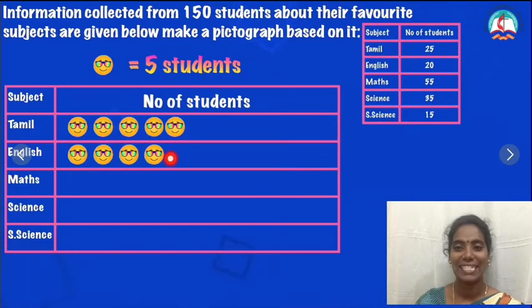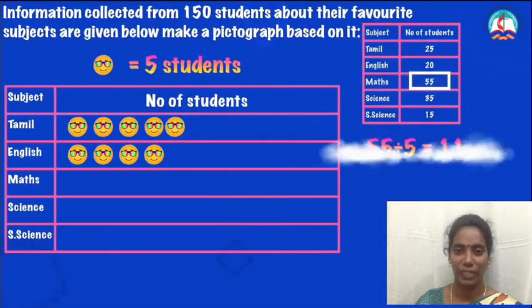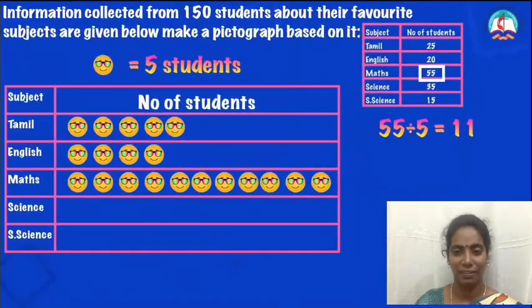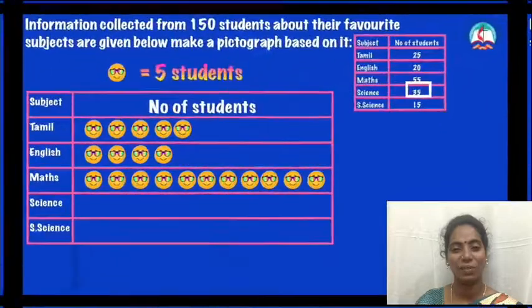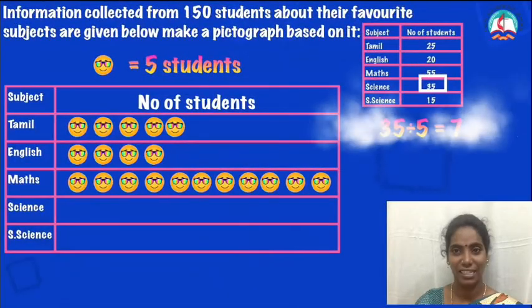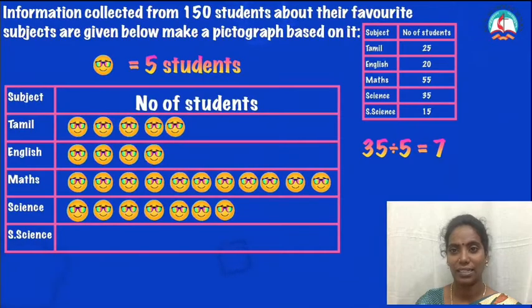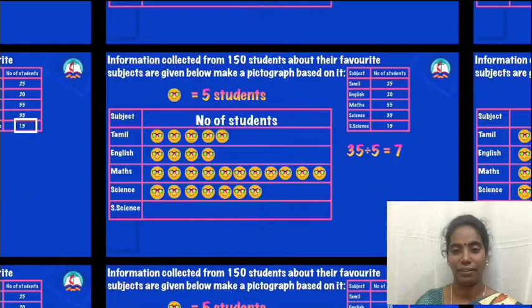What is the next one? Yes, 55. The same way, you have to divide that by 5, you will get 11. So how many images do you have to draw? 11. Good. The next one is 35. 35 divided by 5, what will you get? 7. So how many smileys are you going to draw? 7.